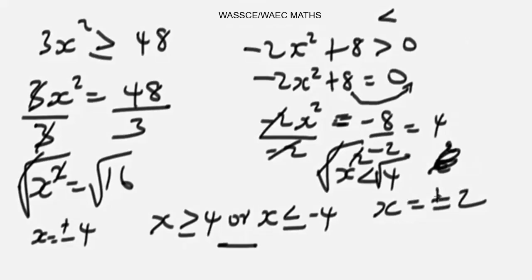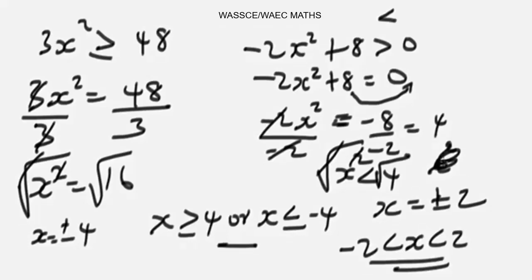So to represent it with inequality, since it's less than, it's going to give us minus 2 less than x less than 2. And that will be the answer to this question. It's as simple as that, guys. Hope you're not confused about this example. This is basically how you can do problems involving quadratic inequalities.